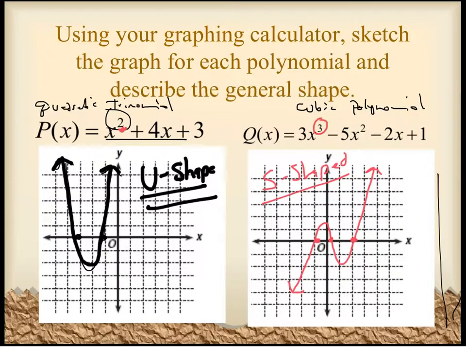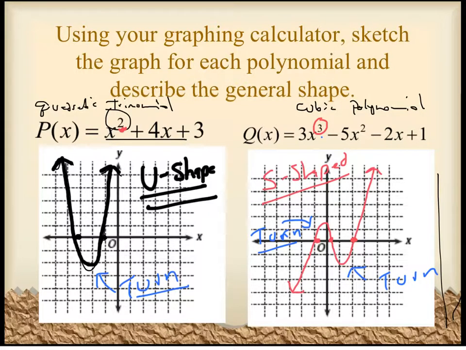The way that your book goes through this, just to generalize, this is called a turn. So it turns once. It's a squared polynomial, and it turns once. This one's cubic, and it turns twice. So the number of turns is 1 less than the degree.